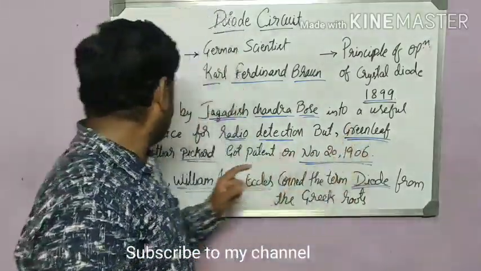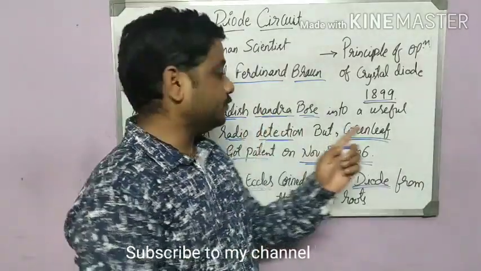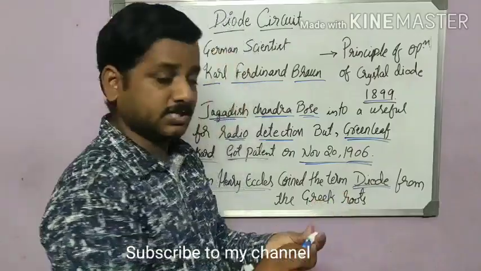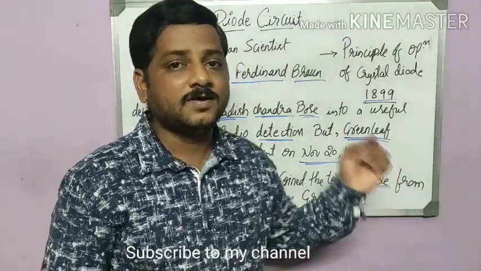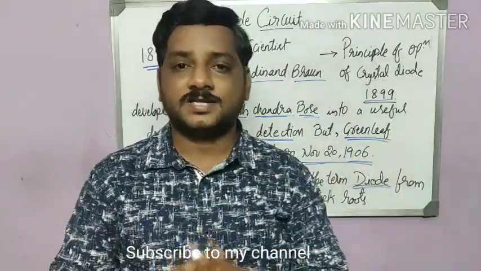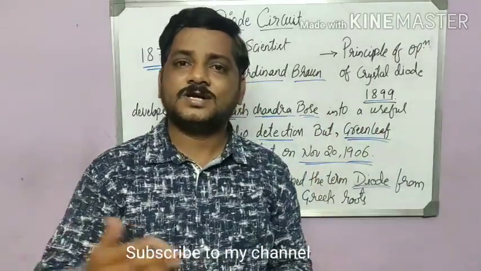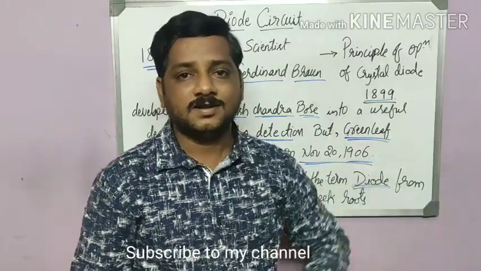Later Greenleaf Whittier Pickard got the patent on November 20, 1906, and this is the era where the thermionic diode was losing its market, because the crystal diode had very important advantages compared to the thermionic diode.